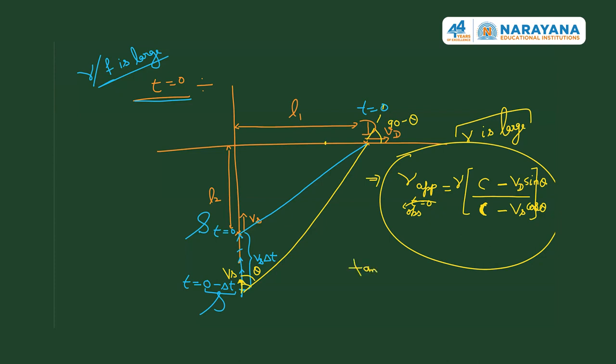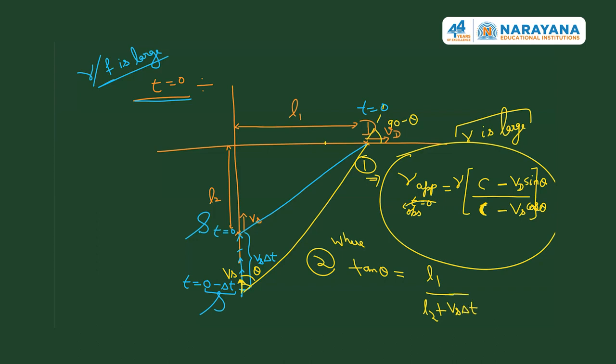So I could have generally said that tan theta is L1 upon L2 plus, there are a few things which I need to eliminate. This is my first equation. This is second, L1 upon L2 plus Vs delta t.